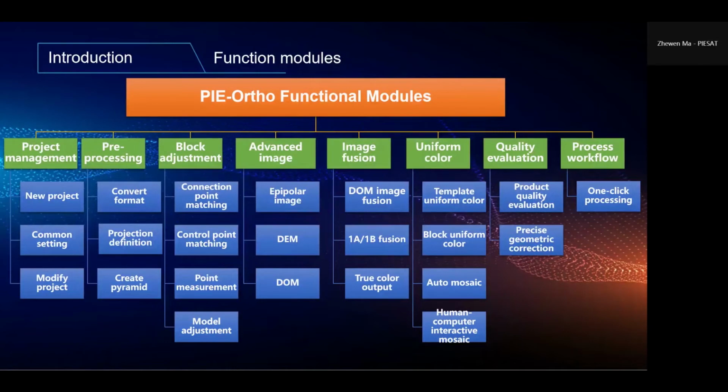In the image fusion module, you can fuse different types of images. In the uniform color module, you can do color tuning, either in manual mode or in automatic mode. And finally, in quality evaluation, you are expected to do product quality evaluation and also some precise geometric correction.